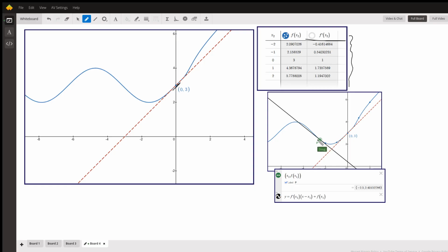And by the way, here's an example of a tangent line at other points on the curve. You can visit this graph and use this slider on P and see that we'll still get a tangent line at any point on the curve.